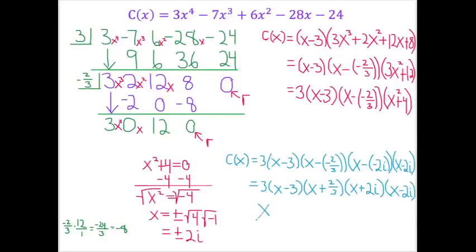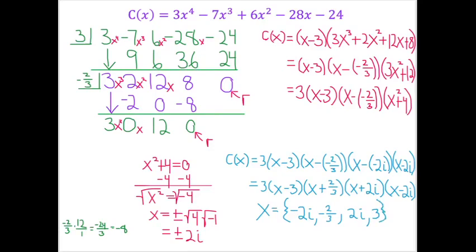We have x equals, I'm going to write these in set notation: negative 2i, negative 2/3, 2i, and 3. So these are our complex zeros.